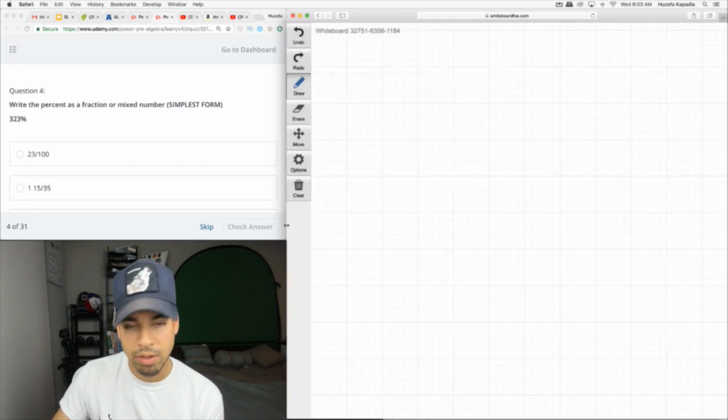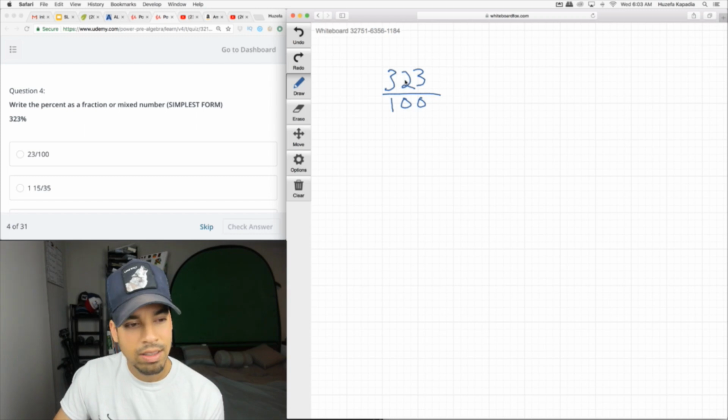Next, 323. So this becomes 323 over 100. Now, I don't believe these have any factors in common, but what we can do is turn this into a mixed number. That's what simplest form usually implies. So 323, 100 goes into that 3 times, right?